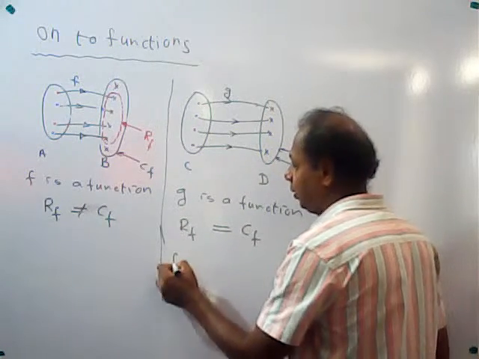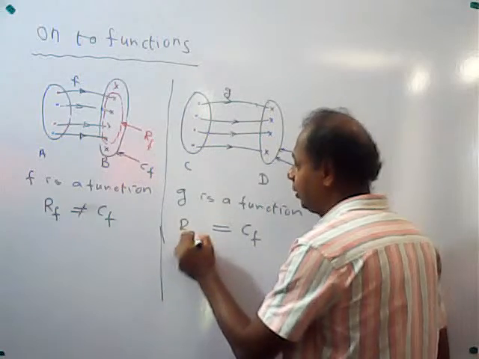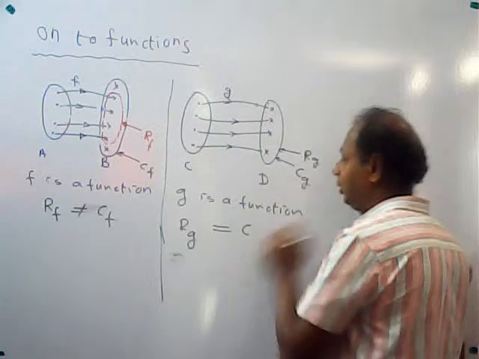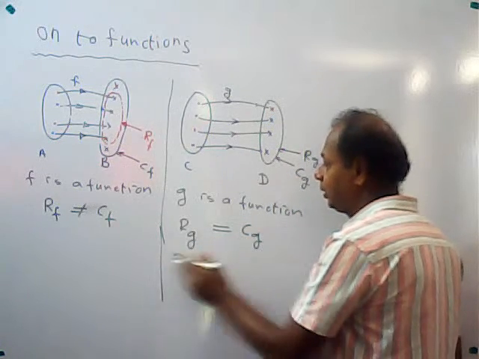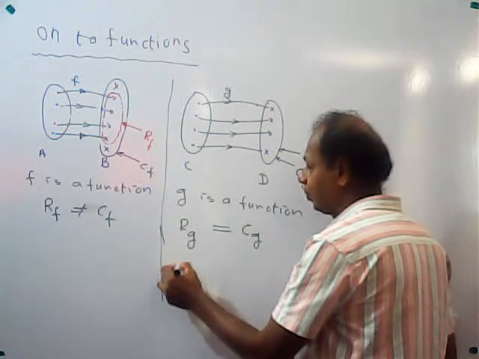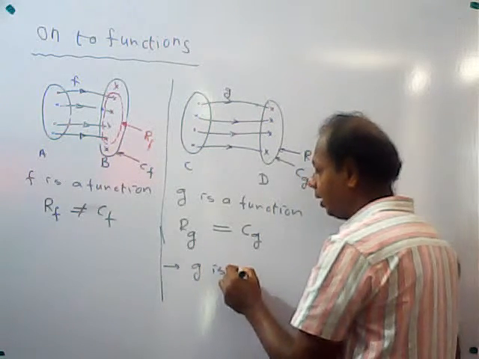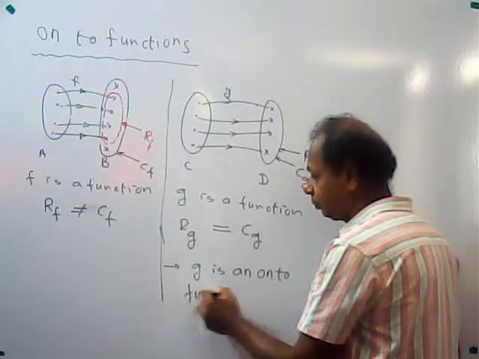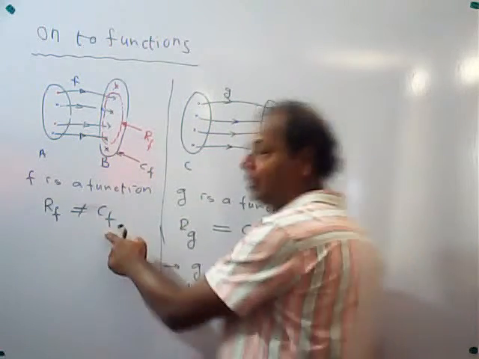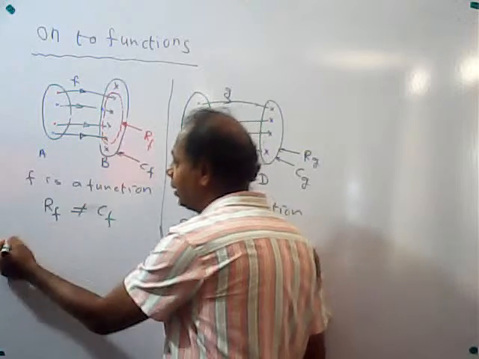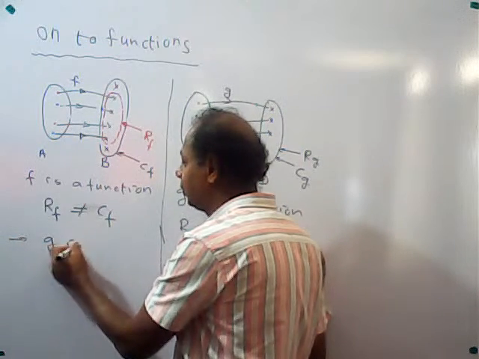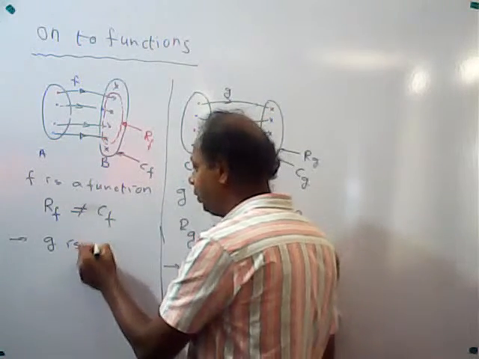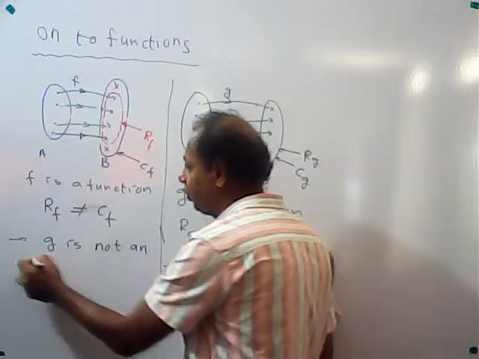Range of G is equal to codomain of G, so G is an onto function. Here the range is not equal to the codomain, which implies F is not an onto function.